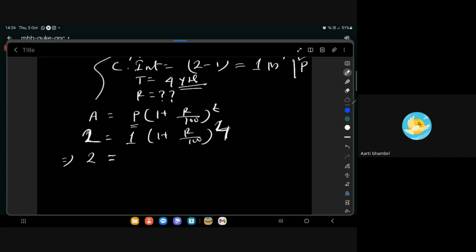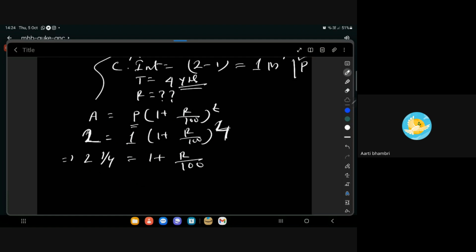Converting the power, it will become 2 to the power 1 by 4. From that formula, it is giving you 1 plus R by 100.